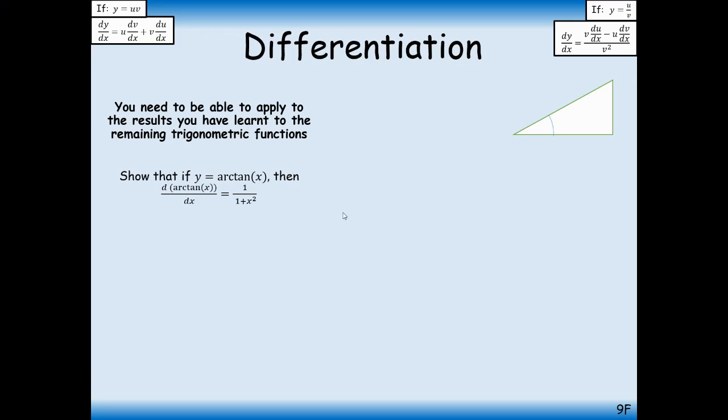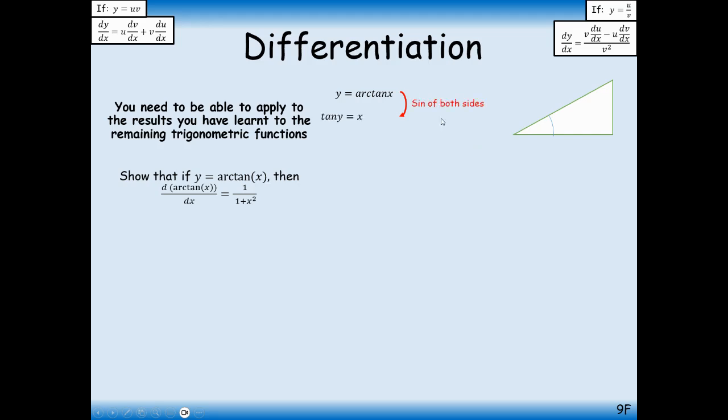So how do we find the derivative of arctan? As with the previous examples, we can take the tan of both sides and rewrite x equal to tan of y, because arctan and tan are inverse functions and they cancel each other out.